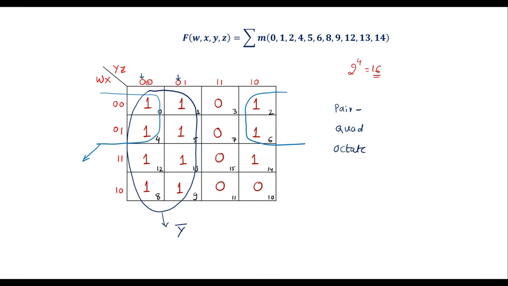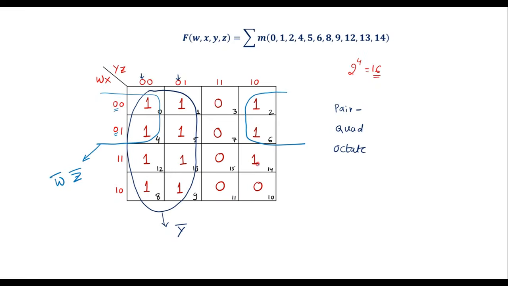Since it covers this column and this column, in these two columns the common value is 0. So 0 is with respect to z, and we should write it as z bar. Here it covers these two rows. In these two rows, 0 is common, and 0 is with respect to w. It is w bar.